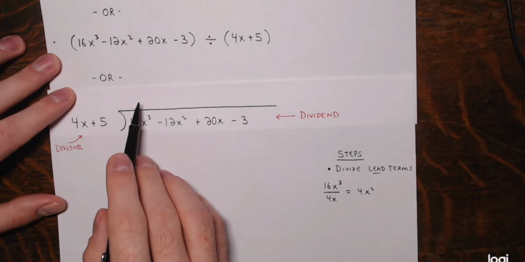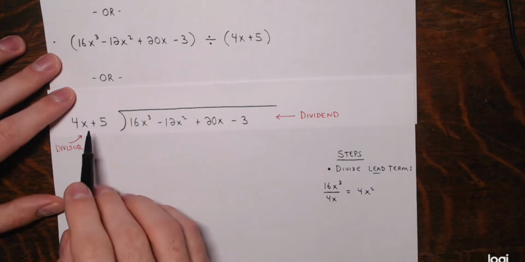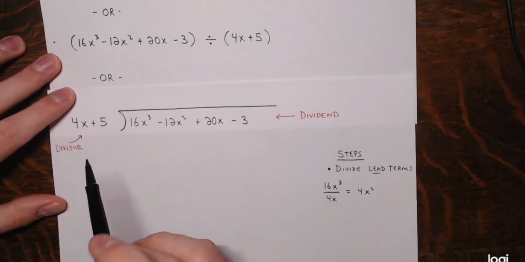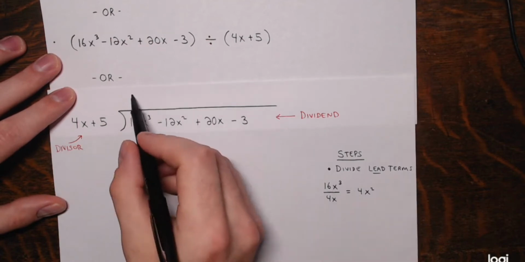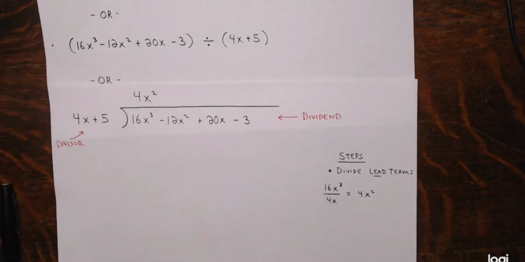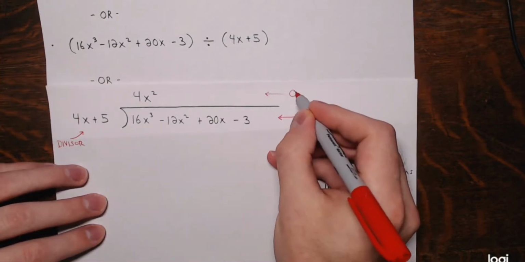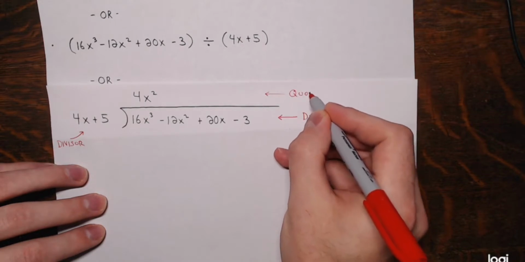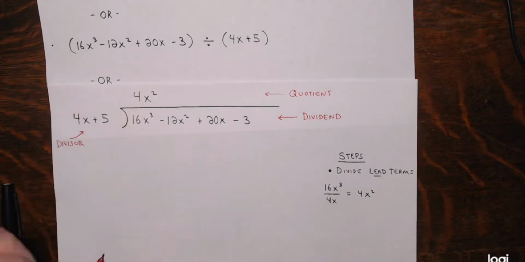You may recall that the quotient is how many times the divisor goes into the dividend when you did long division with numbers. So this 4x squared I'm writing up here. And again, this area above is where the quotient is going. All right, so that's the first term of the quotient, 4x squared.